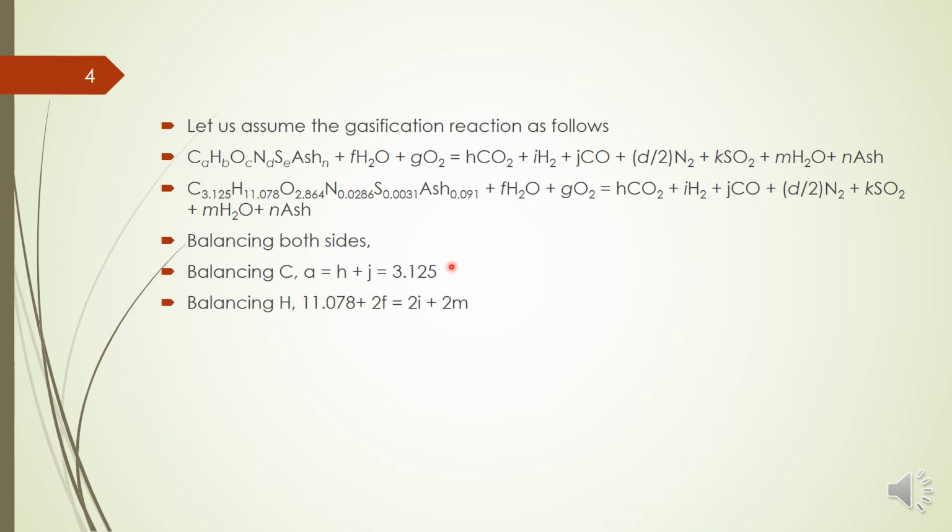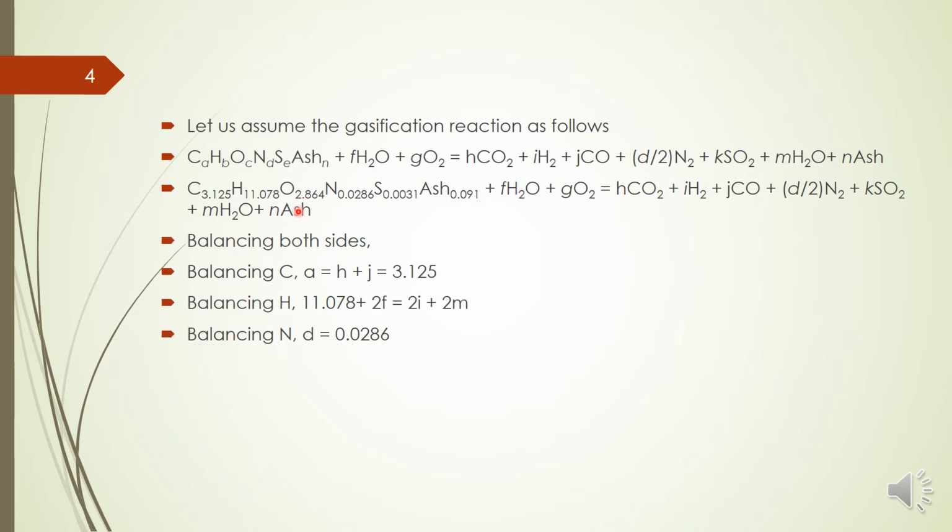Next we can balance the hydrogen atom. So hydrogen atom, left side, we have 11.078 plus 2F in steam, and right side we have 2I and 2M. So that will be 11.078 plus 2F is equal to 2I plus 2M. That is our second equation.